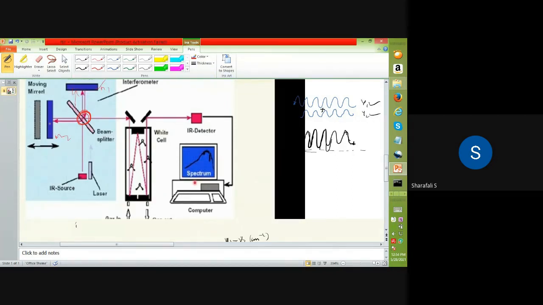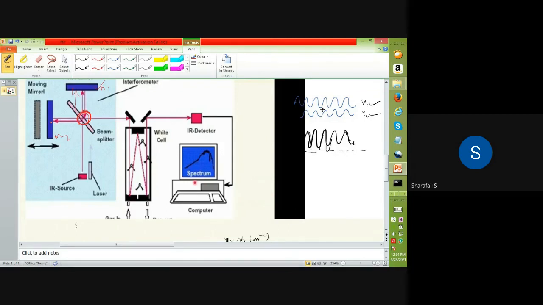With respect to M1 and M2, it is M2 that will be moving. With respect to M2's movement, those frequencies will interfere because they will get a path difference, and each of them will have a different path difference.